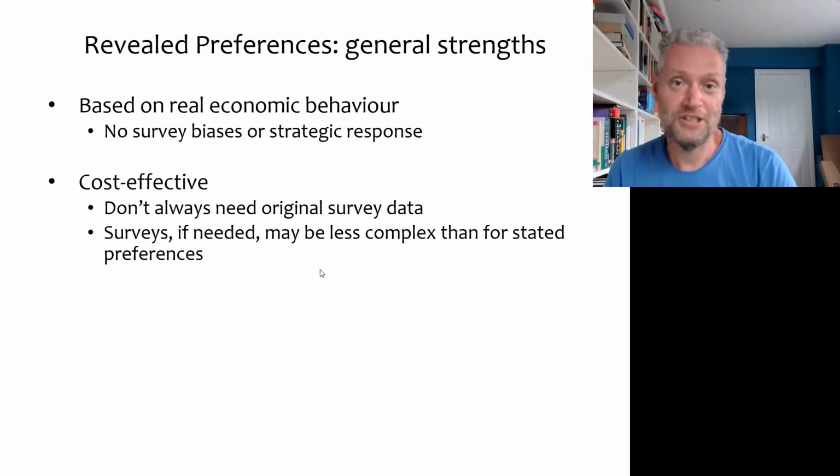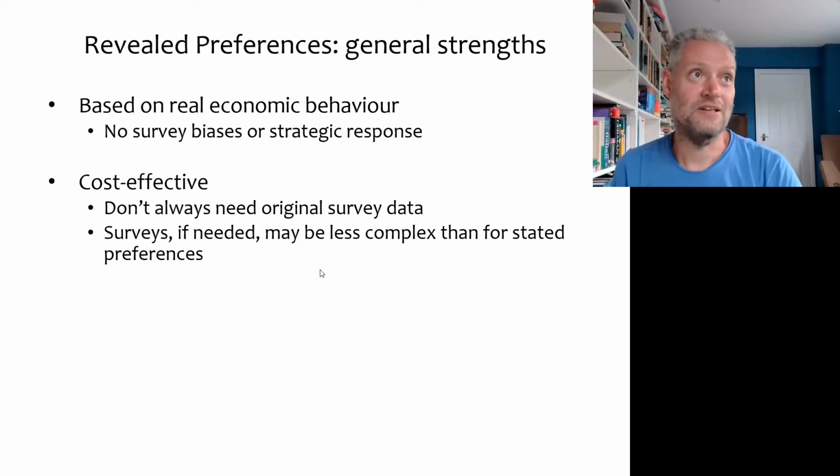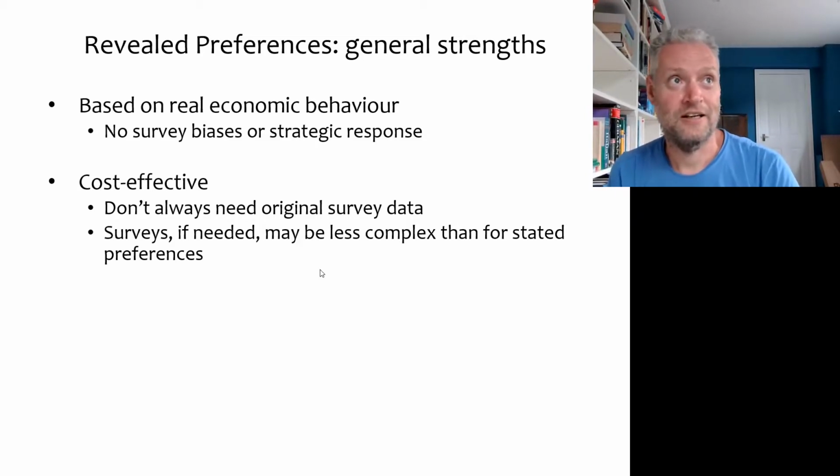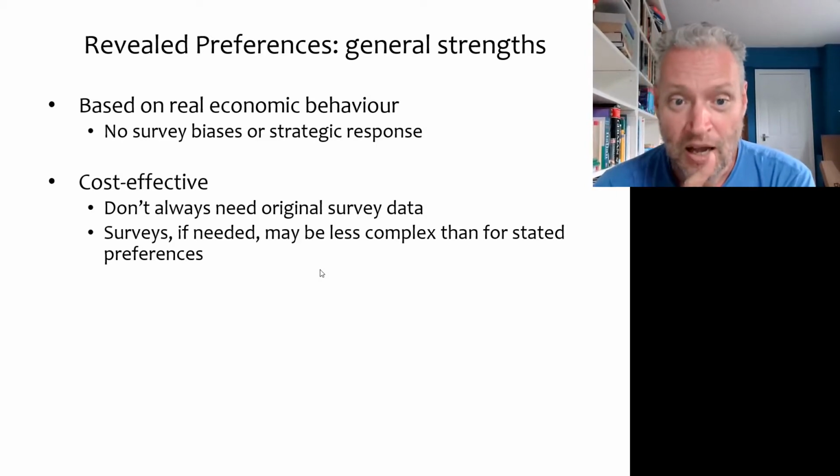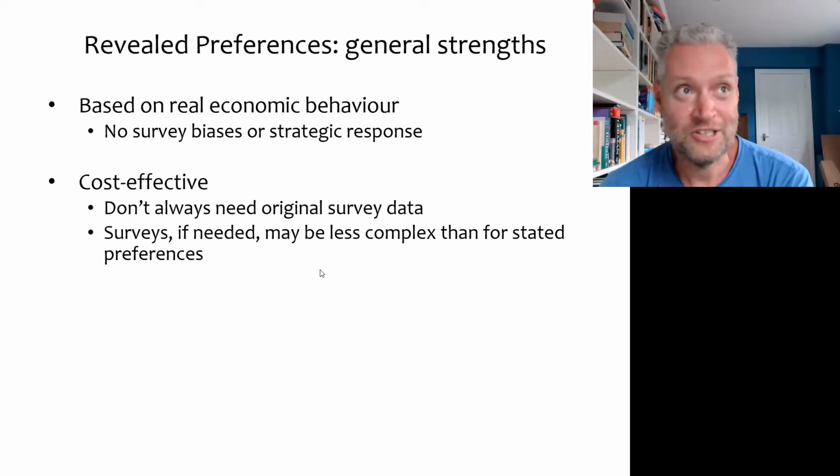A decent revealed preference study can be done in about a year by a PhD student. And it's relatively simple and relatively straightforward to do.